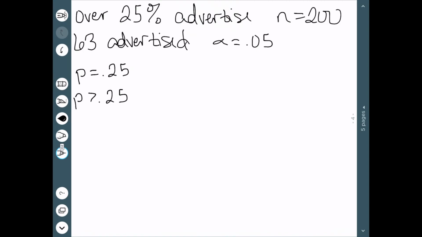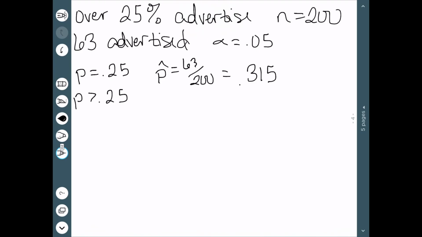For our p-value method, we're going to jump straight to the test value. For the test value, we need p hat, which is going to be 63 over 200, which is 0.315.